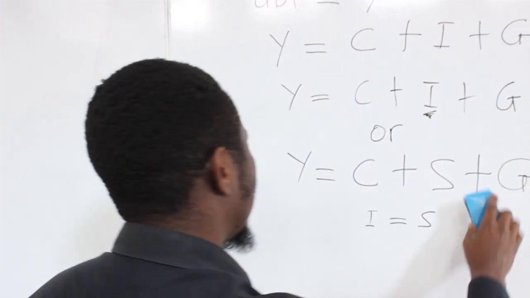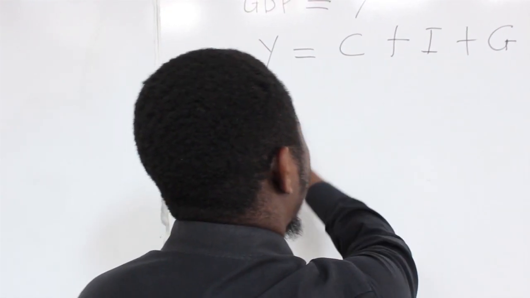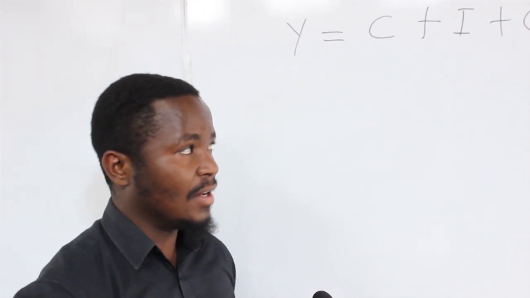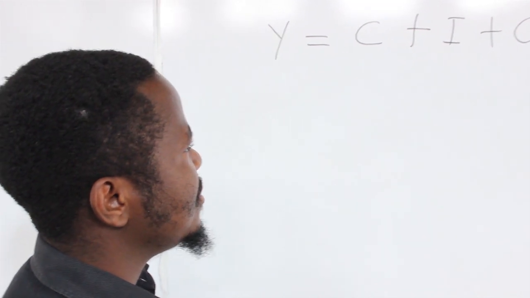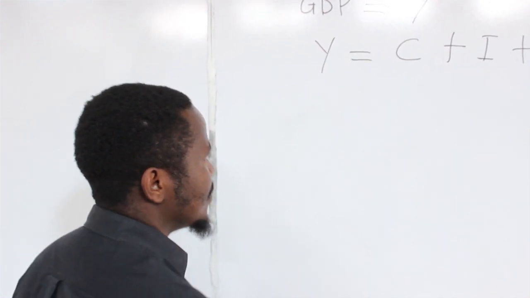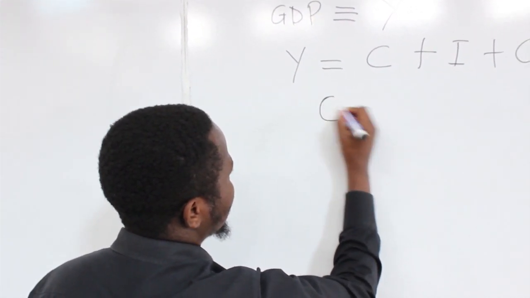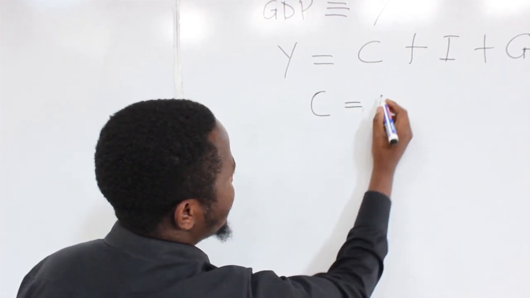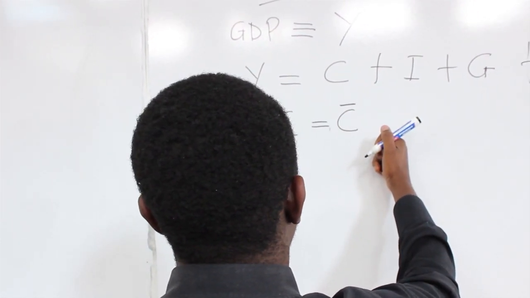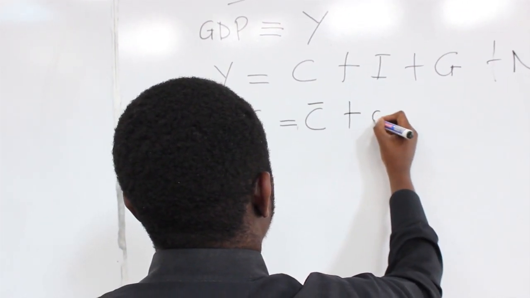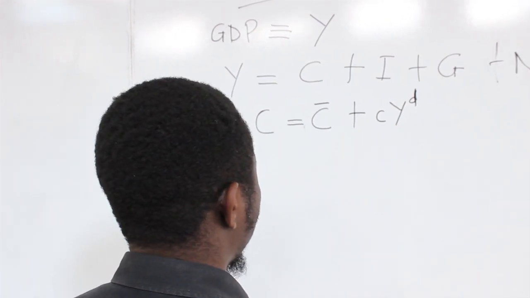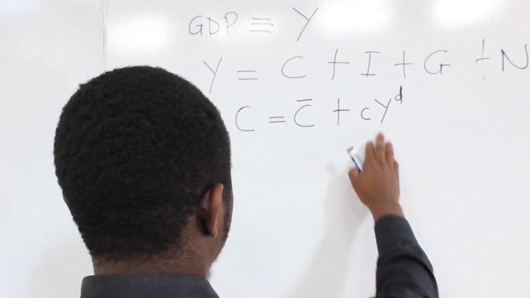For now, again, we shall assume that consumption can be expressed using an income function, and investments can be further explained using an interest rate function. So total consumption could be equal to autonomous consumption, which is C bar, plus another level of consumption that depends on the level of income, the C times YD, and this income is disposable income.